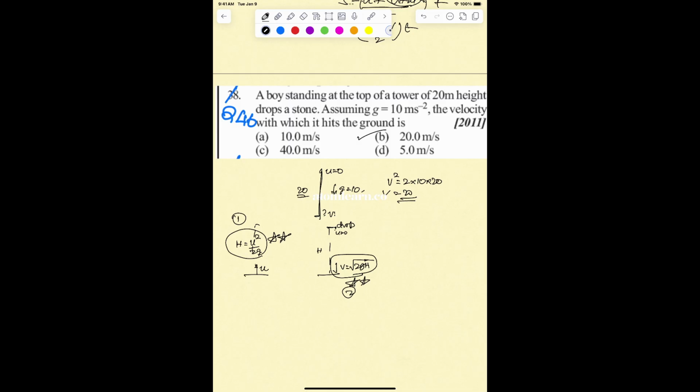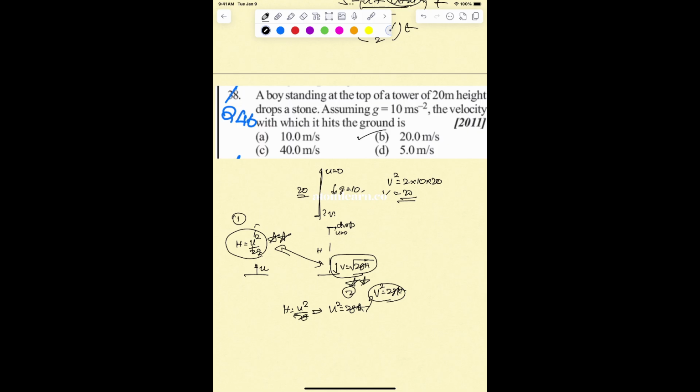Now you can see that this is nothing but the reverse of that, because h is equal to u squared by 2g means u squared is equal to 2gh. This is nothing but v squared is equal to 2gh.